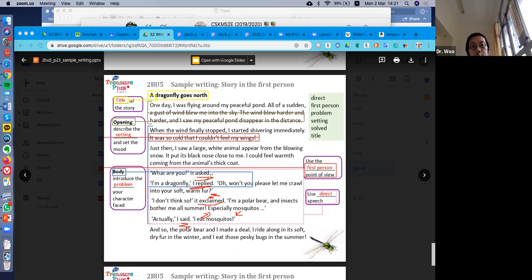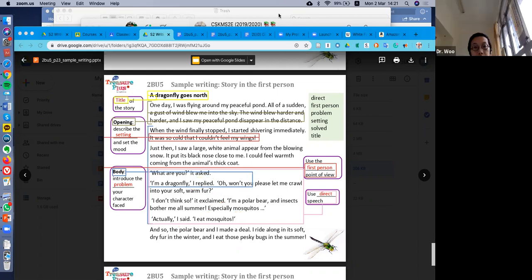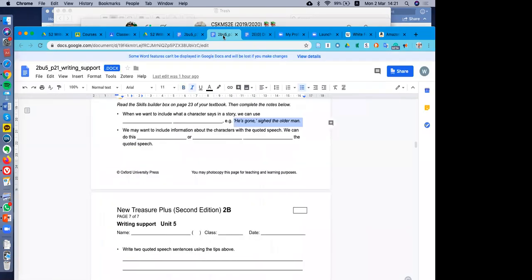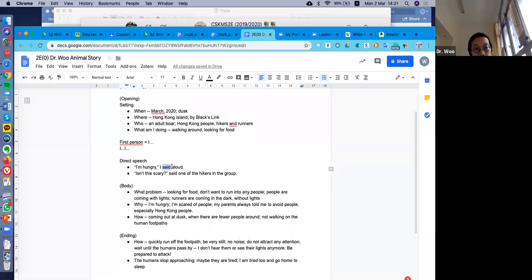So there are a lot of different verbs you can use to indicate that you're speaking. I'll cry. I'll moan. I moaned aloud.